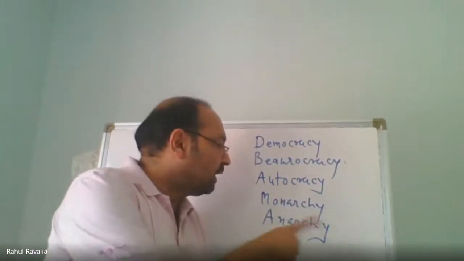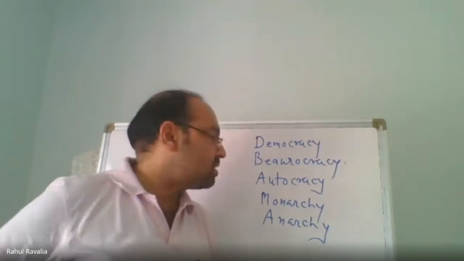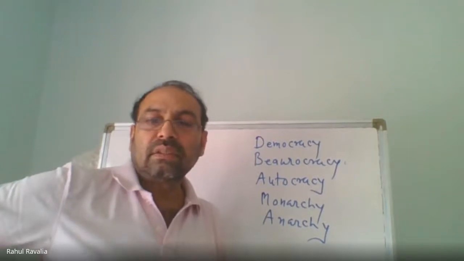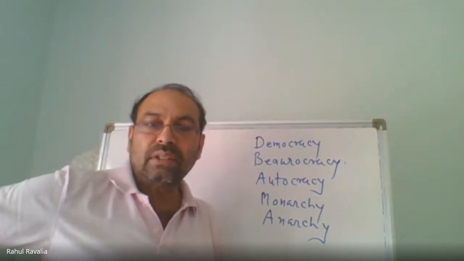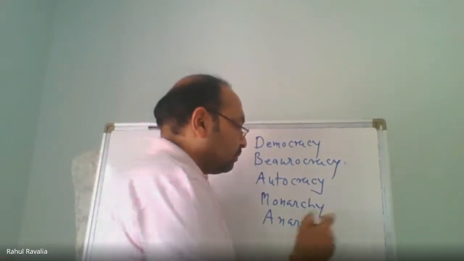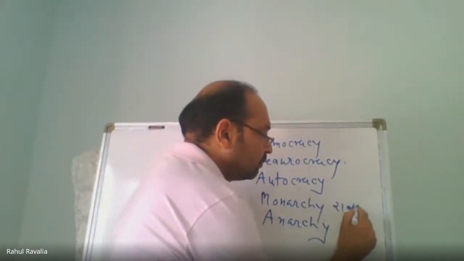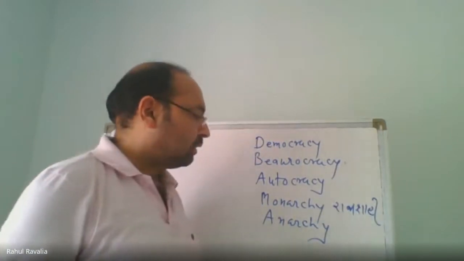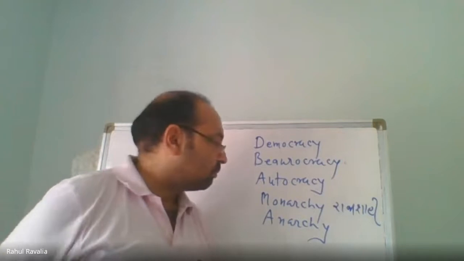And monarchy and anarchy. Monarchy means a state run by the king, a state ruled by the king, that is called monarchy. And anarchy.